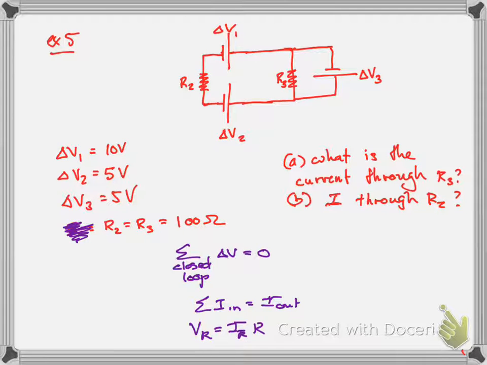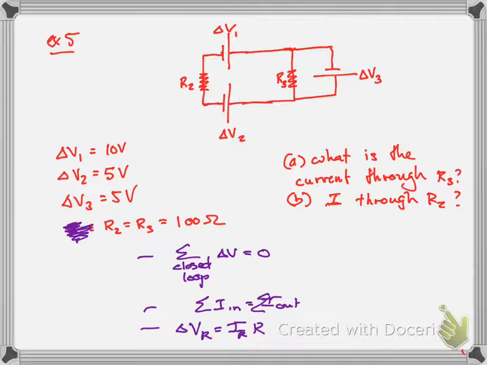The sum of the currents into a junction equals the sum of the currents out of it. And the potential difference across any resistor is the current through that resistor times the resistance of that resistor. So those are our 3 things that we use to do circuit analysis. Sometimes doing equivalent circuit work helps, but it is not a necessary part of circuit analysis.